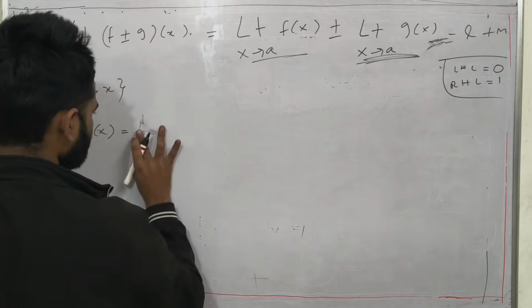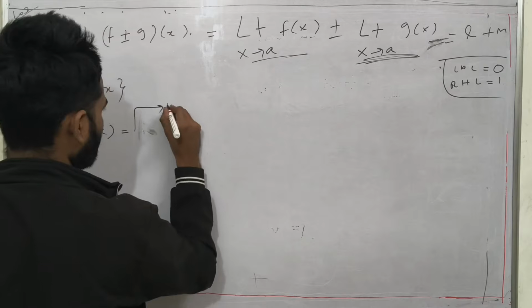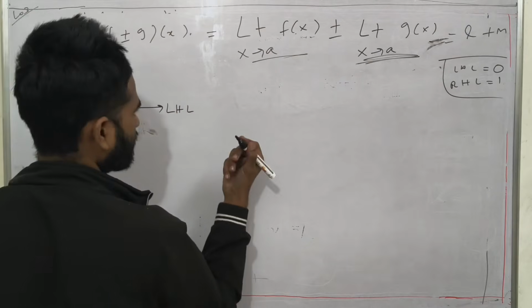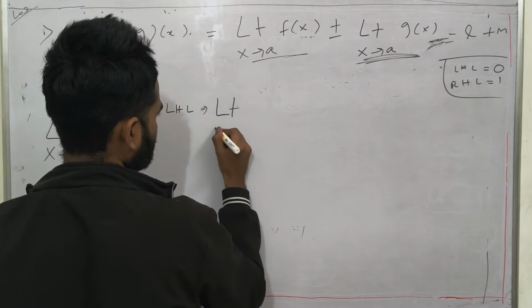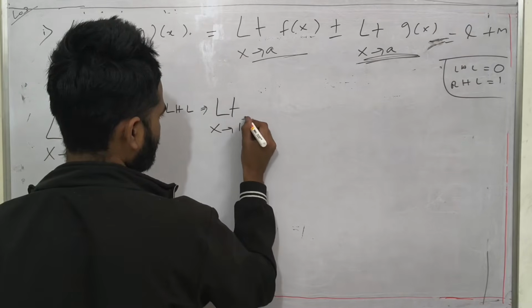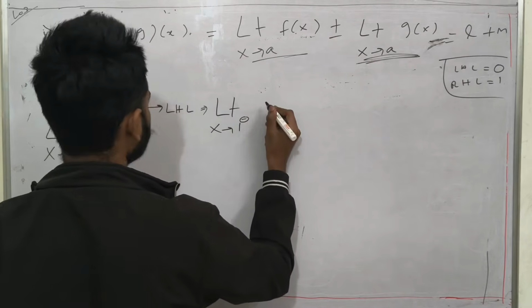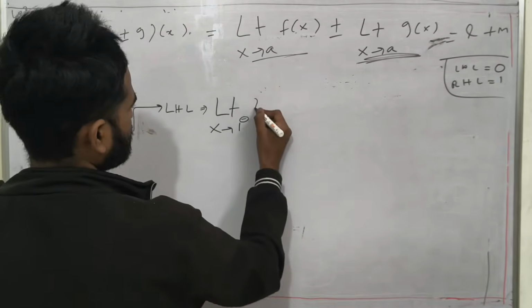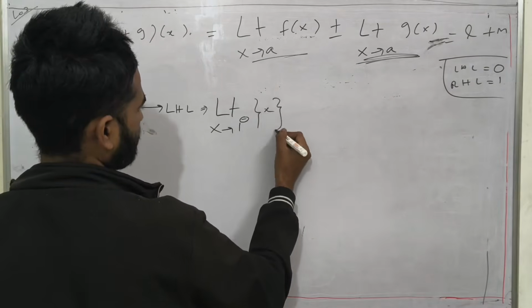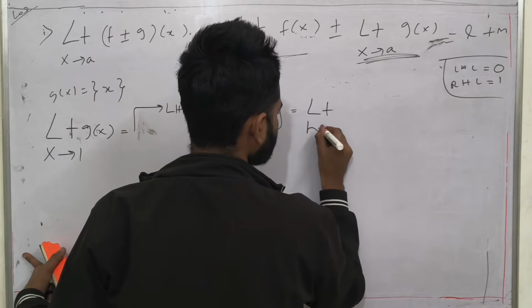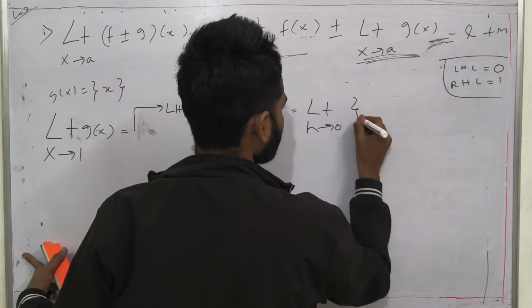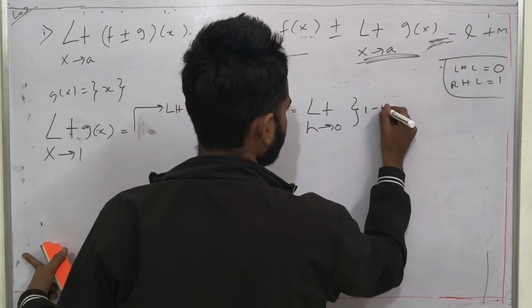Let's find the left hand limit. Left hand limit equals limit x tends to 1 minus g of x. g of x is flower part of x, equals limit h tends to 0 flower part of 1 minus h.